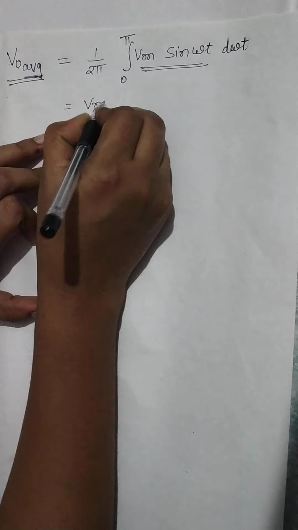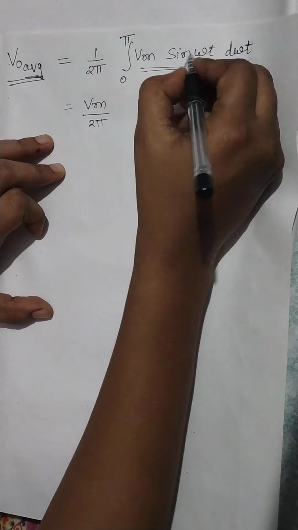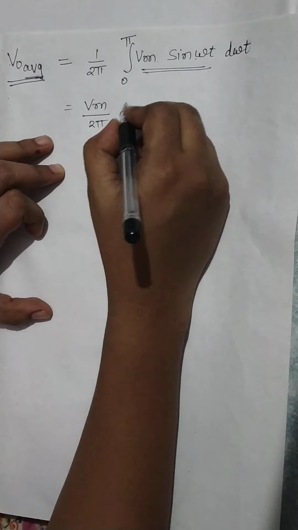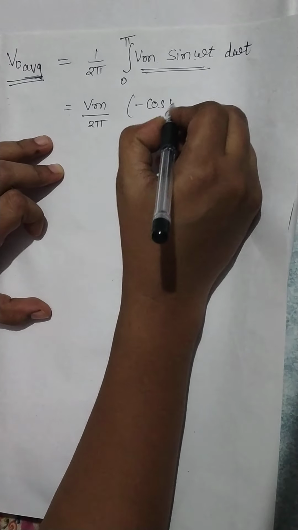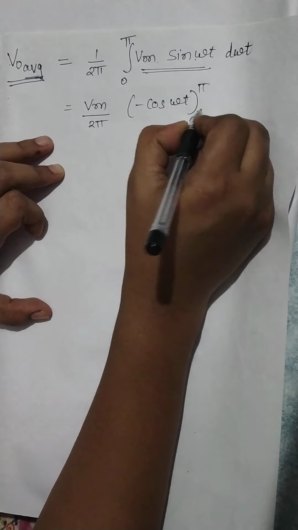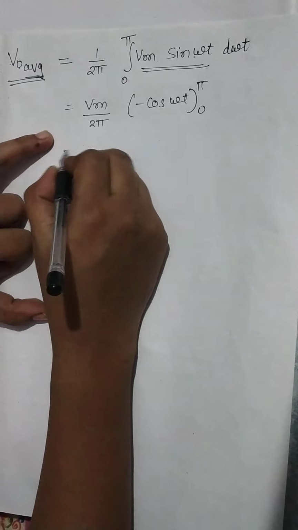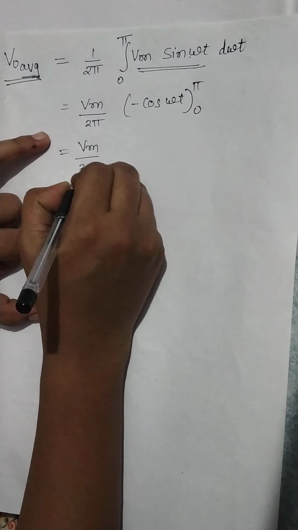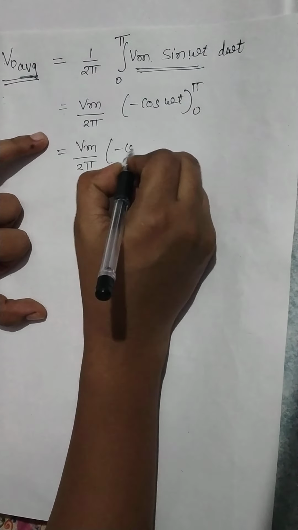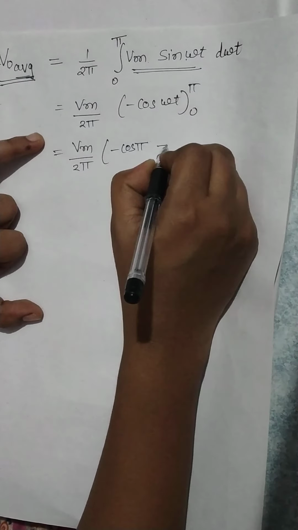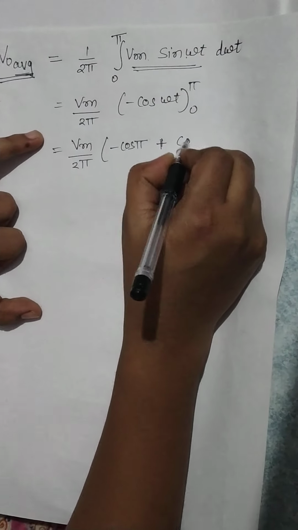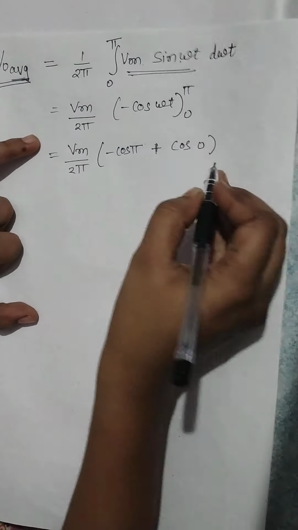Taking Vm upon 2 pi common. Integration of sine is minus cos omega t, and this is the limit. Right? So the answer is Vm upon 2 pi, minus cos pi minus minus plus cos 0.